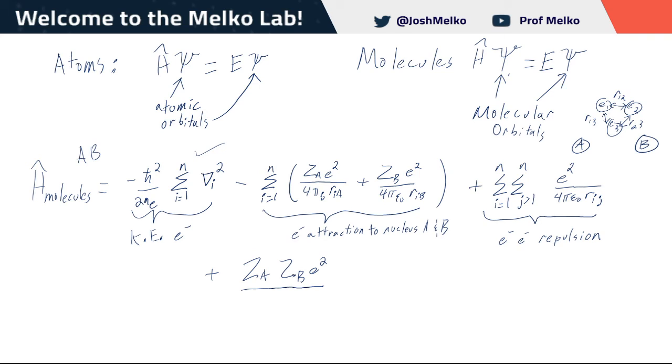If it's hydrogen, Z is 1. If it's helium, Z is 2. And there's still this Coulombic interaction here, 4 pi epsilon naught, and the distance now between atoms A and B. Okay, so this last term here is the nuclear repulsion.